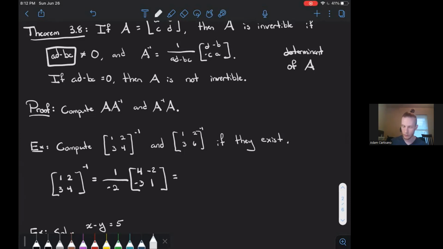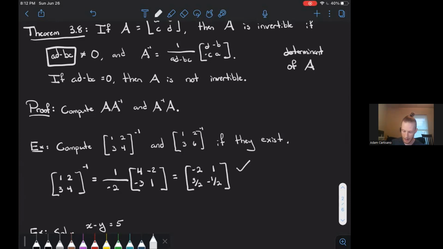And then 1 over negative 2 means negative 1/2 times all of these numbers. We can do that. It'll be negative 2, positive 1, positive 3 halves, negative 1/2. And you should check that this matrix multiplies with 1, 2, 3, 4 to get the identity.